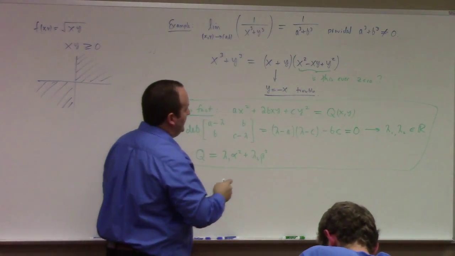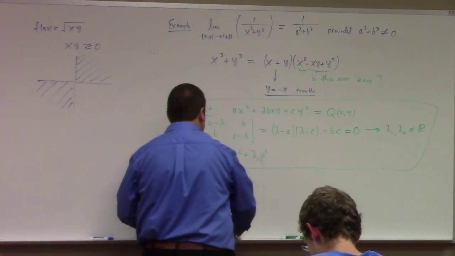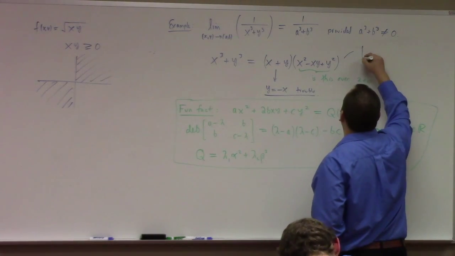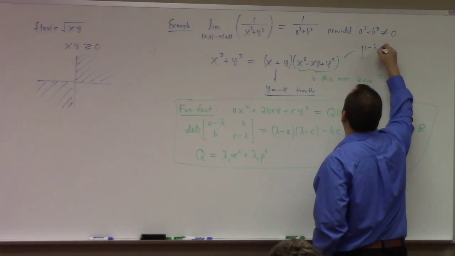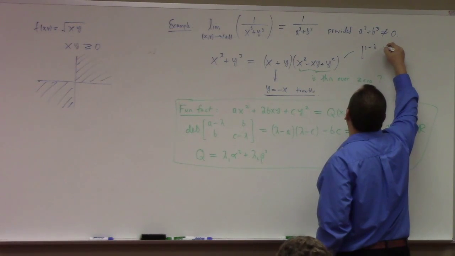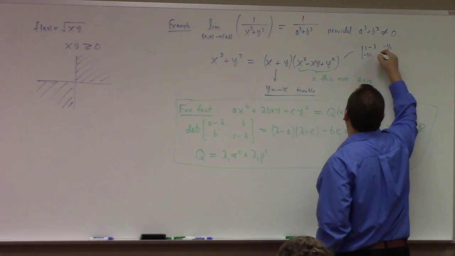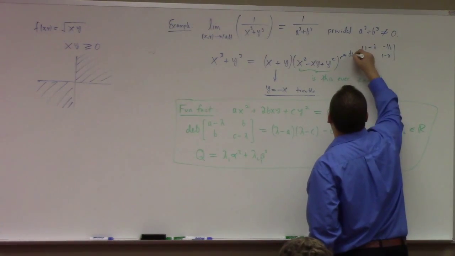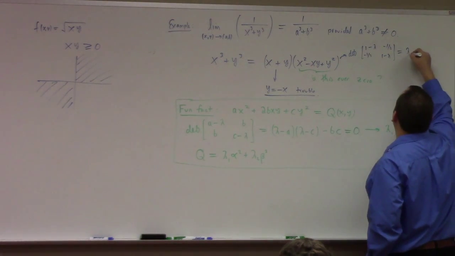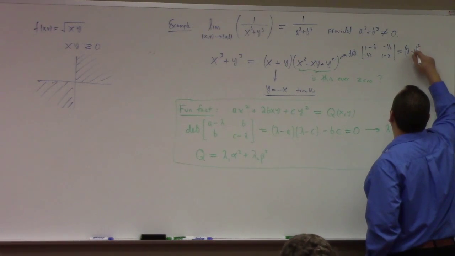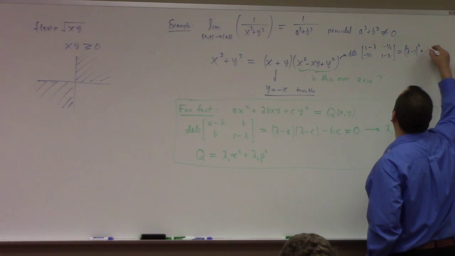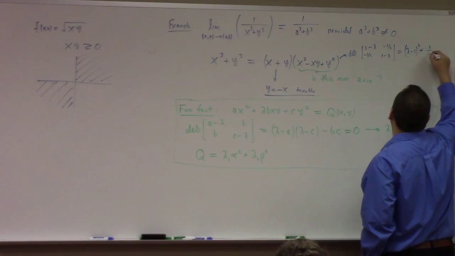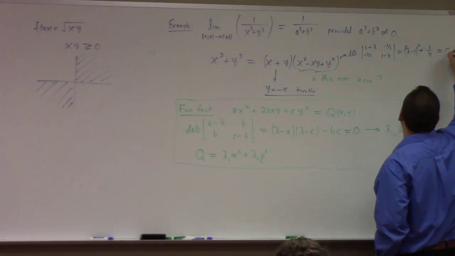So if I apply that to here, see what I get. 1 minus lambda, minus a half, minus a half, 1 minus lambda. And if I calculate the determinant of that, I get lambda minus 1 quantity squared minus a fourth, oh excuse me, minus a fourth, equal to 0.